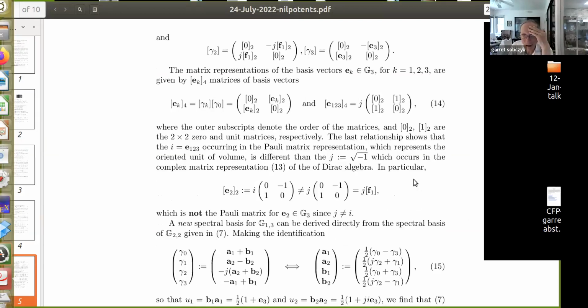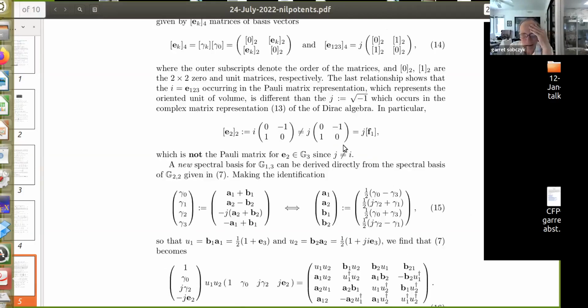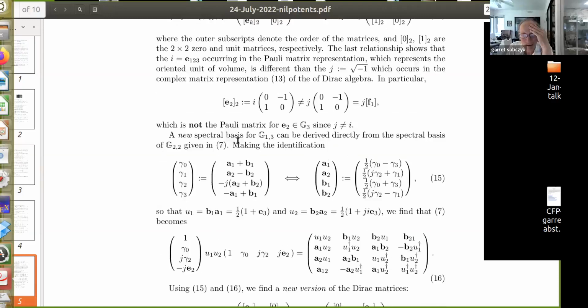So again, the reference I give is my book, which is very expensive. I think I sent you copies of it anyway. You can find more details in my book, but notice A1 plus B1, and these are the nilpotents.